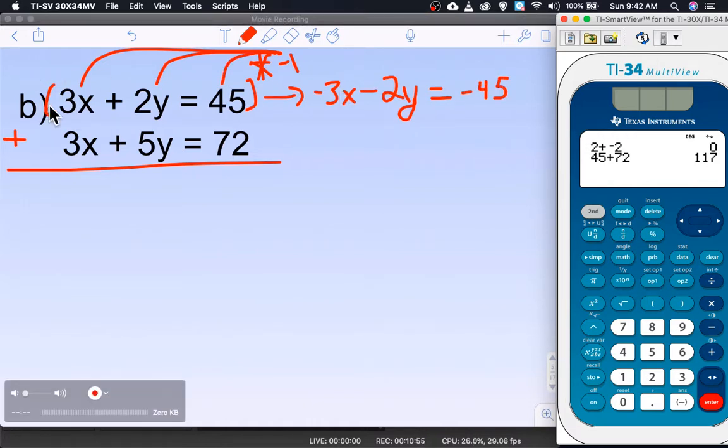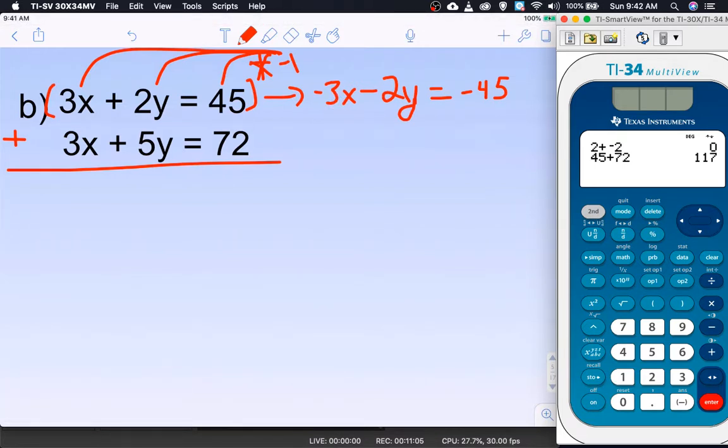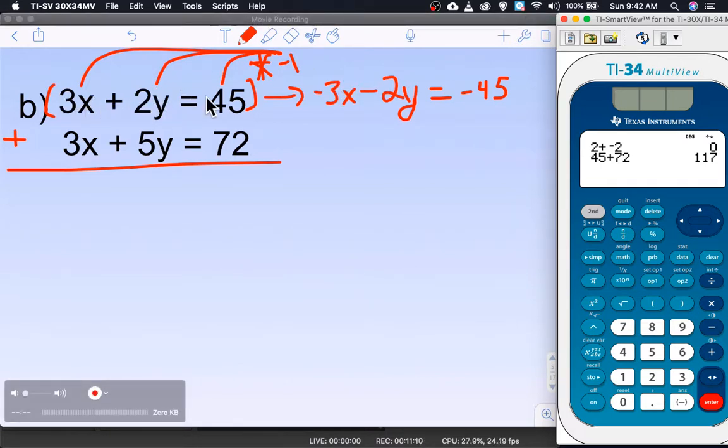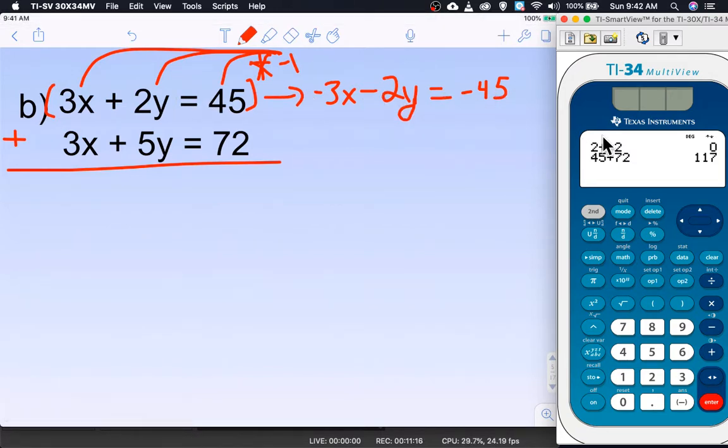I multiplied the entire equation by negative 1, not just this piece. If you multiply just this piece, you actually changed the problem. When you're dealing with equations, you always have to do everything to both sides. So I multiplied everything by negative 1 on both sides, and we're actually good. These two equations are equivalent.